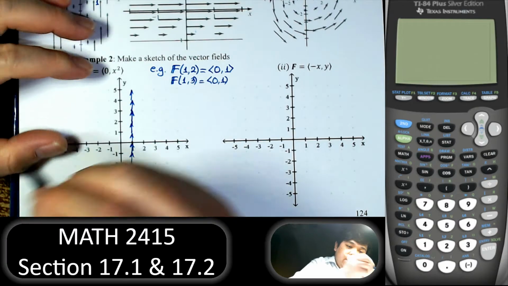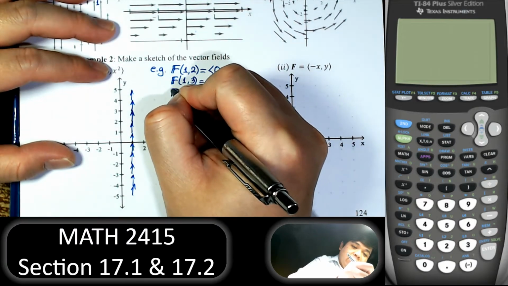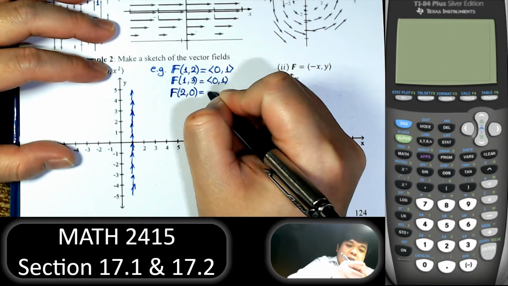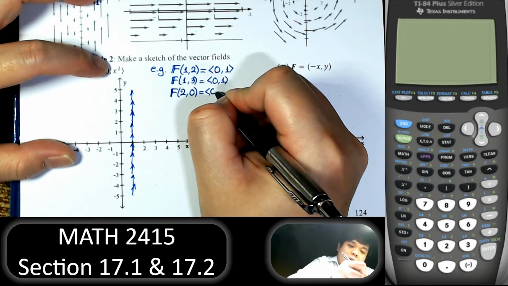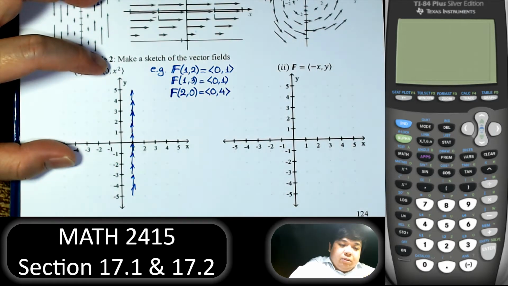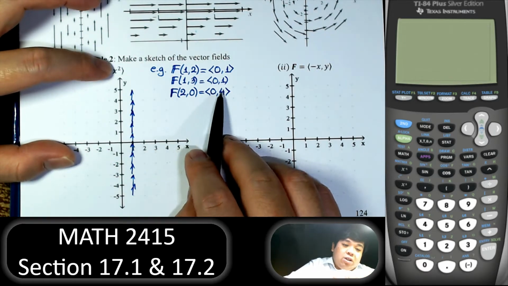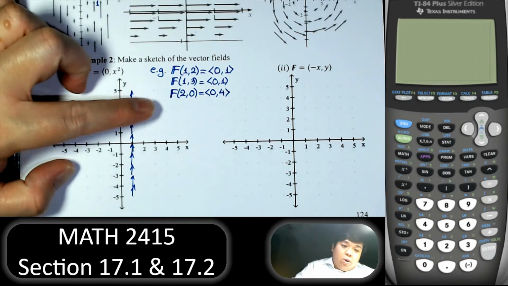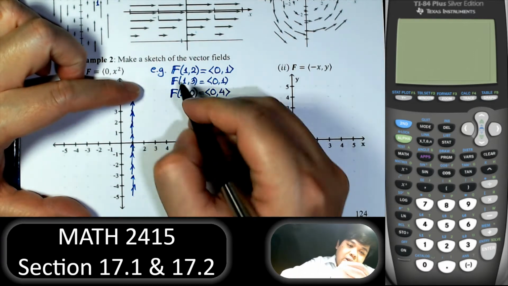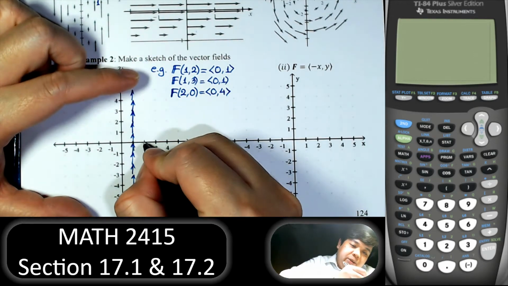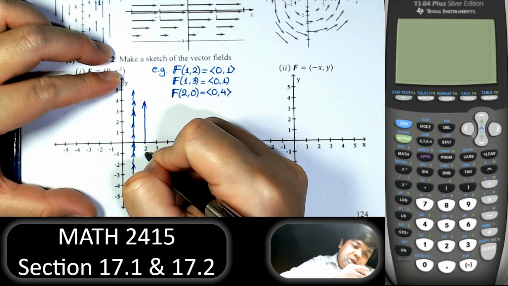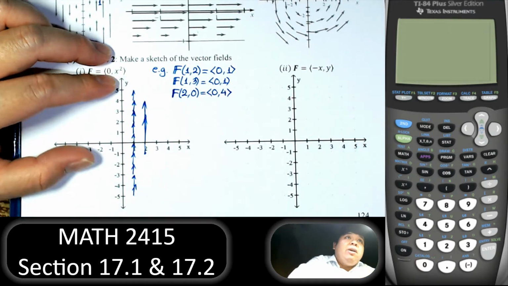Next, if we have f of (2, 0), for instance, according to this, it's going to be (0, 4). The first one is 0, the second one is x squared. So at the point (2, 0), the vector is (0, 4). So we have that.